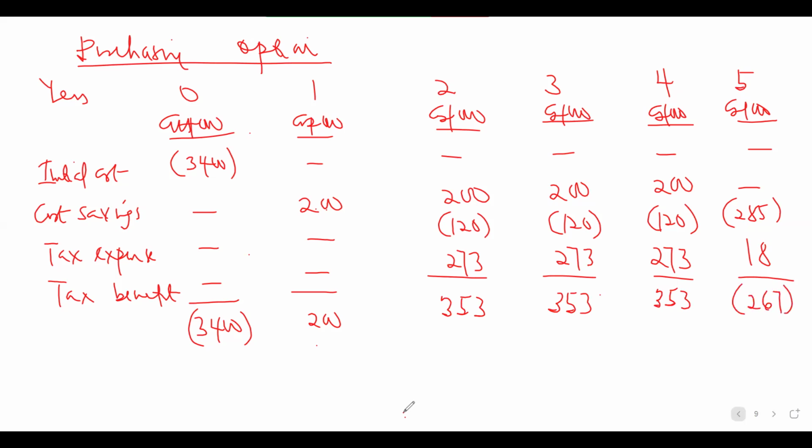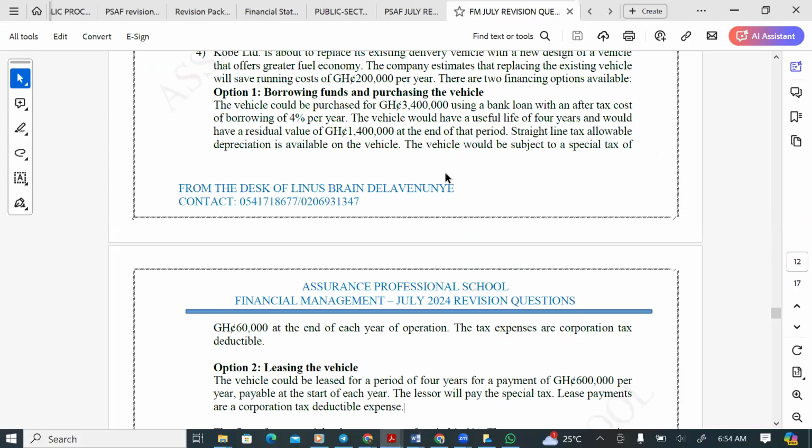What is our discount factor? What rate are we using? The 4%. We use the borrowing rate, which is after tax.